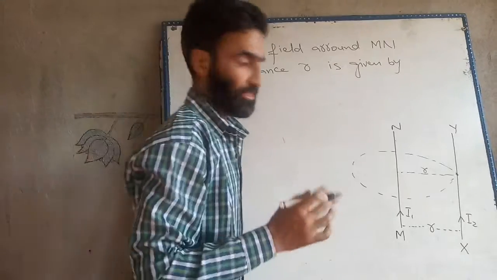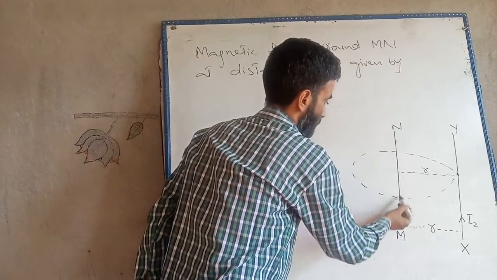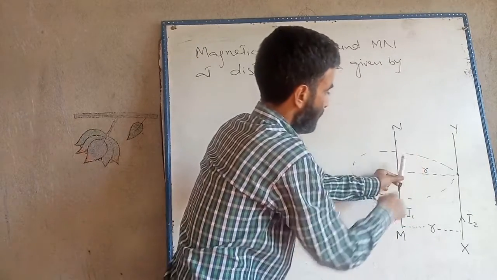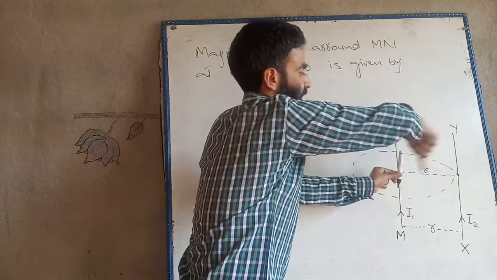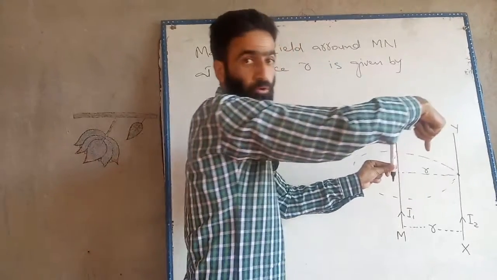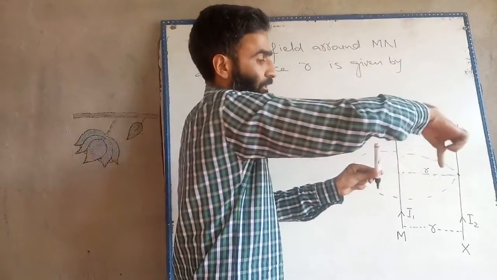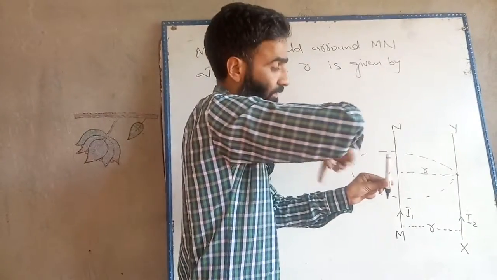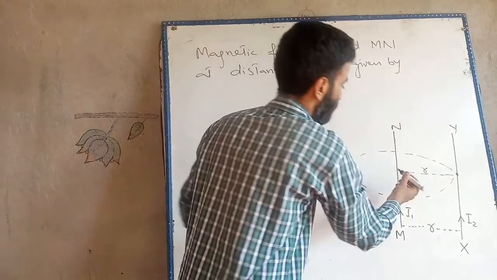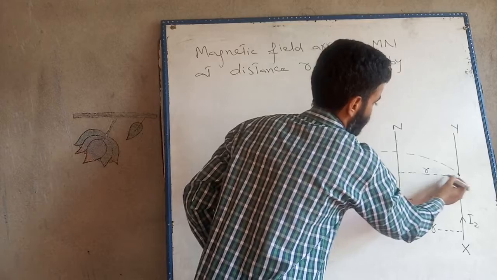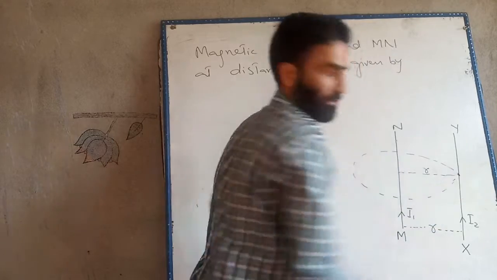It is important to understand: this is the conductor, and around it the magnetic field gets developed. We know it gets developed around it in concentric circles at some distance, right? And we are going to take it as the magnetic field at distance r, meaning over here, right?